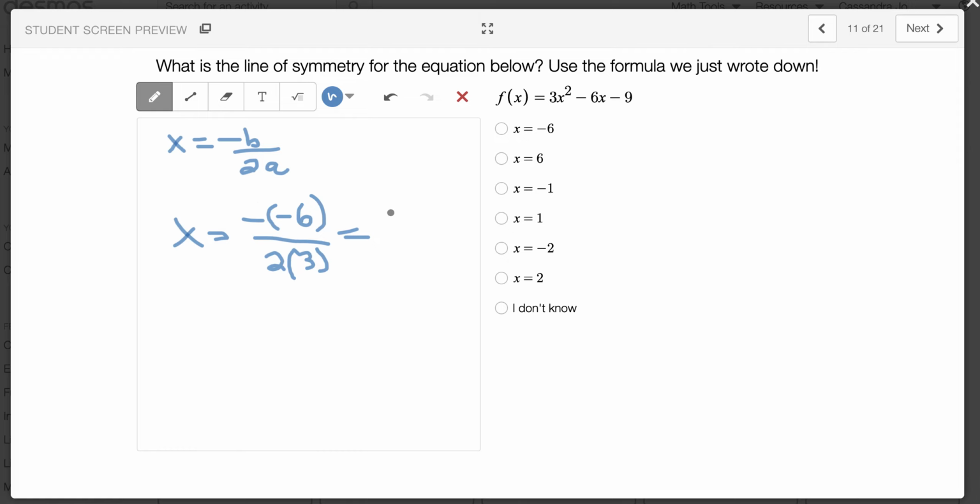If we simplify the top, negative 6 gives us positive 6, and 2 times 3 gives us positive 6. We just need to divide that to get 1. So our line of symmetry is x equals 1.